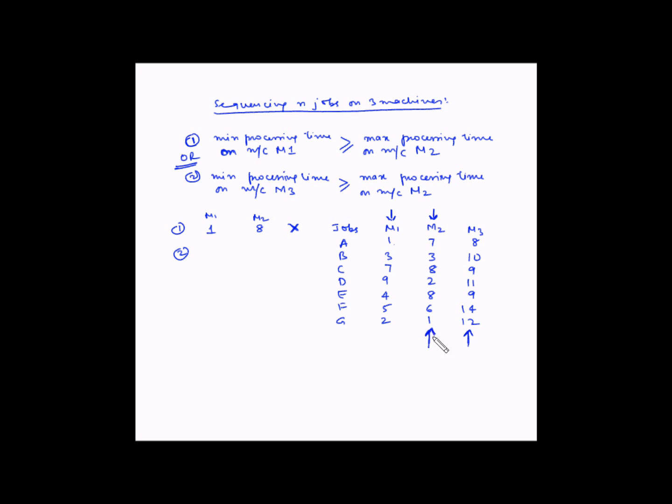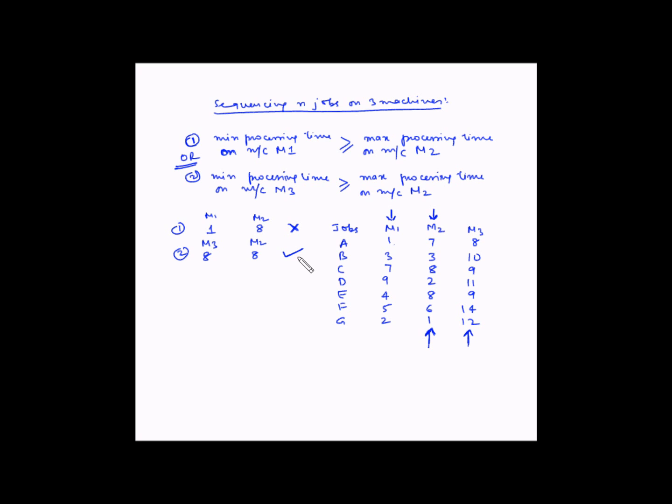The minimum processing time on machine M3 is 8, and the maximum processing time on machine M2 is also 8. So this condition is satisfied. So basically here we can use Johnson's rule to schedule the jobs on these three machines.